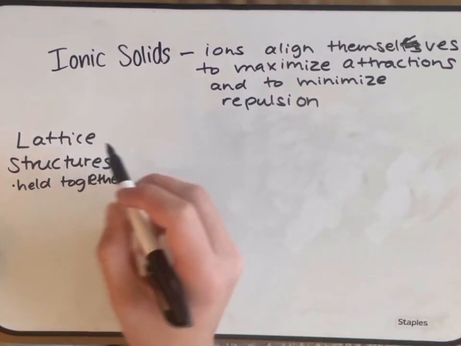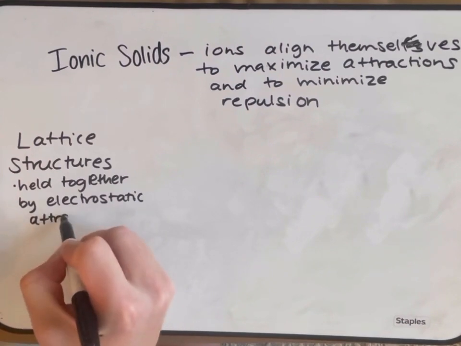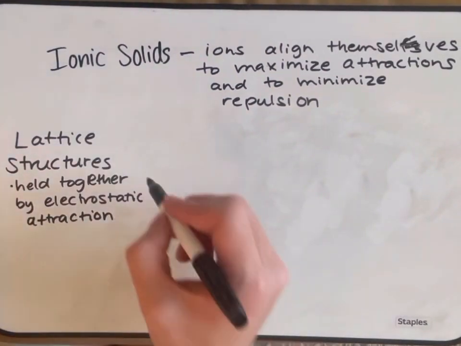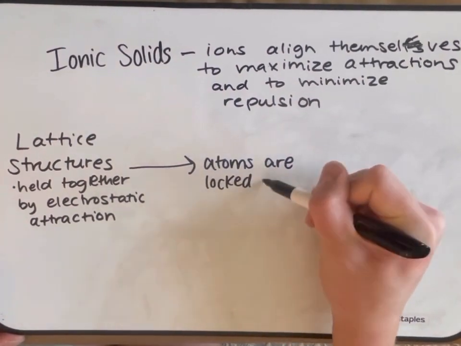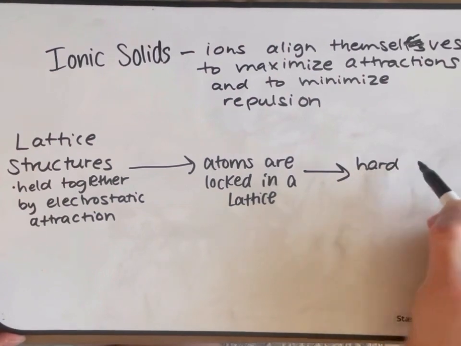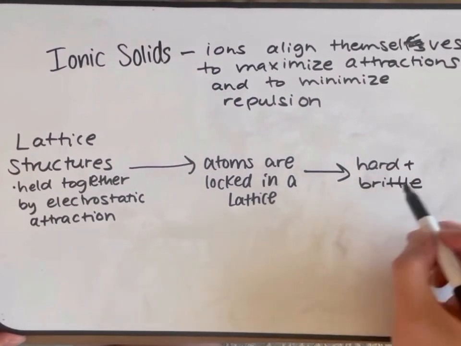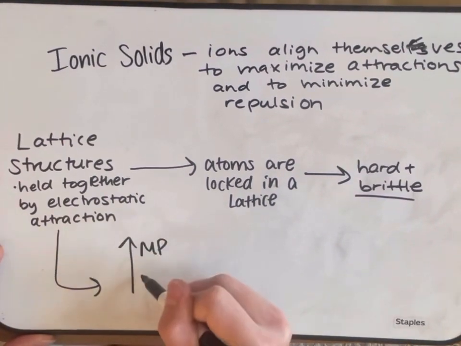Lattice structures are held together by electrostatic force and attraction. And this force means atoms are locked in a lattice structure, which in turn makes them hard and brittle because they're locked in so tightly.